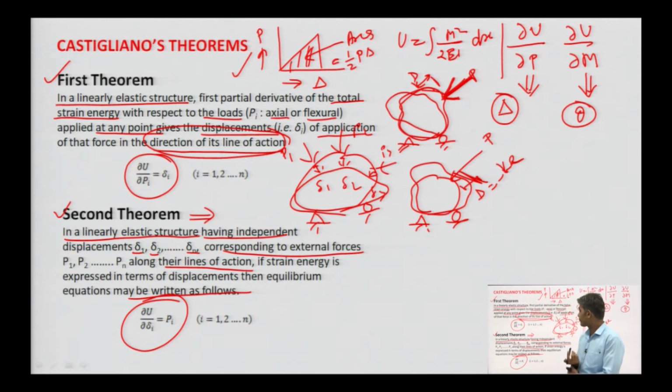So, this is the second theorem, and it is used to find the redundants in the structure, and you know very well what redundants are. Redundants are the extra members present apart from the members required to analyze the entire structure only with the help of equilibrium equations.